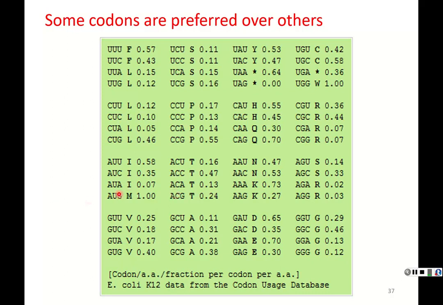For instance, if there was a lot of these AUA sequences in your protein, maybe humans use that more often, you'd want to change that to one of these other 2 codons. And then likewise with the stop codon, the bacteria cells really recognize that UAA as their stop, as opposed to UAG, which it never uses naturally.